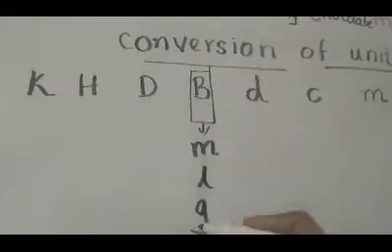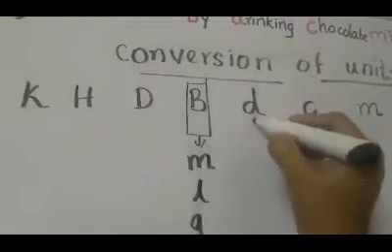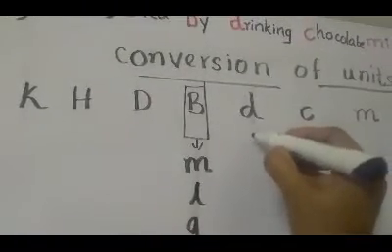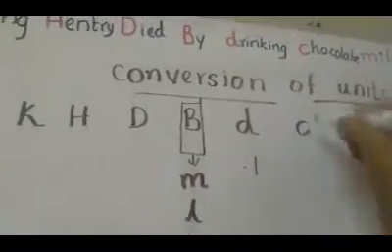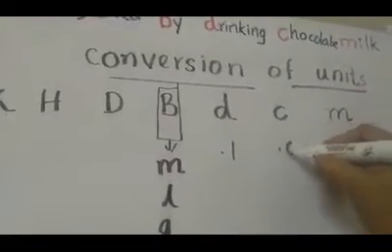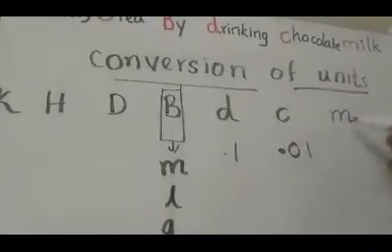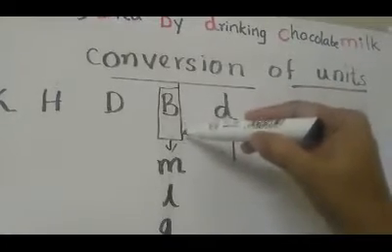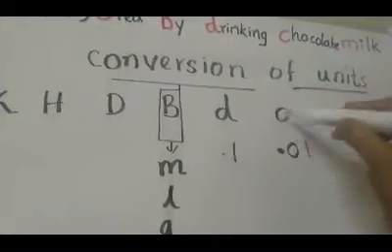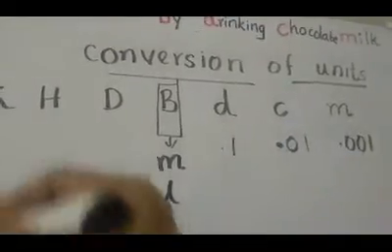We are using these three. Then this is deci, that is 0.1. Then centi means two places after the decimal. Then milli means, taking this as base, three places.